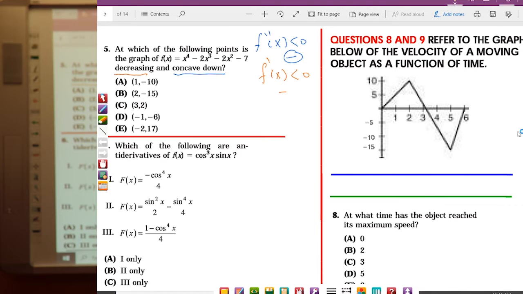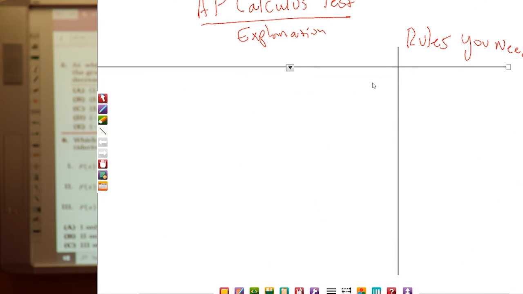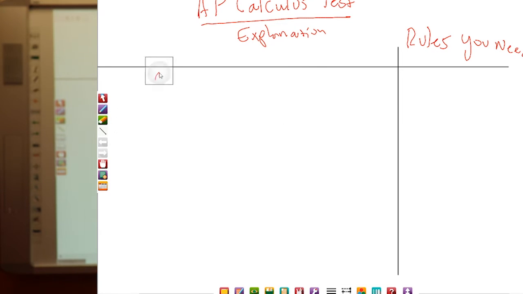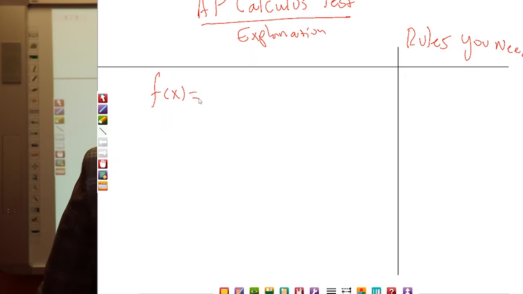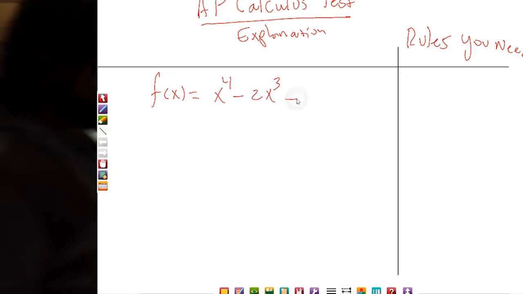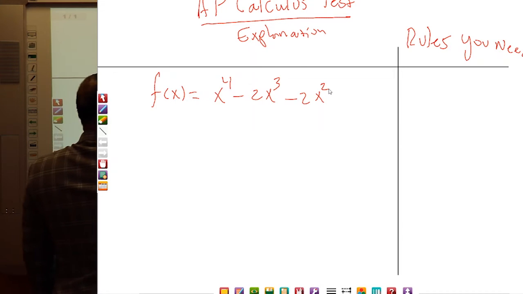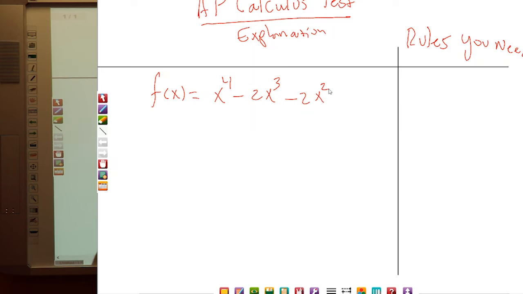We're going to see where this function is decreasing. We have the function. He asked me, which interval, Ismail, f of x equals x to the 4th, 2x cubed, 2x squared plus 7.